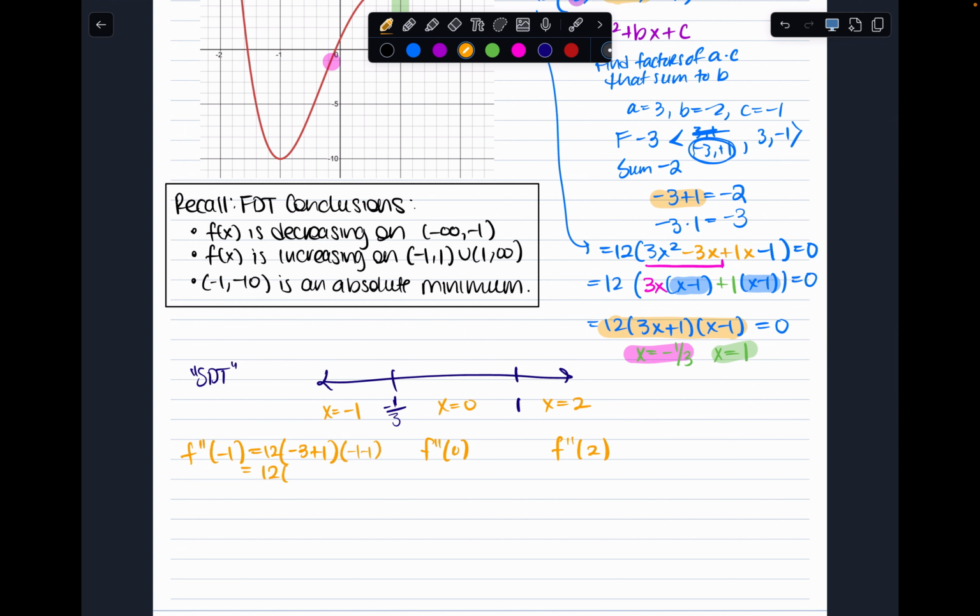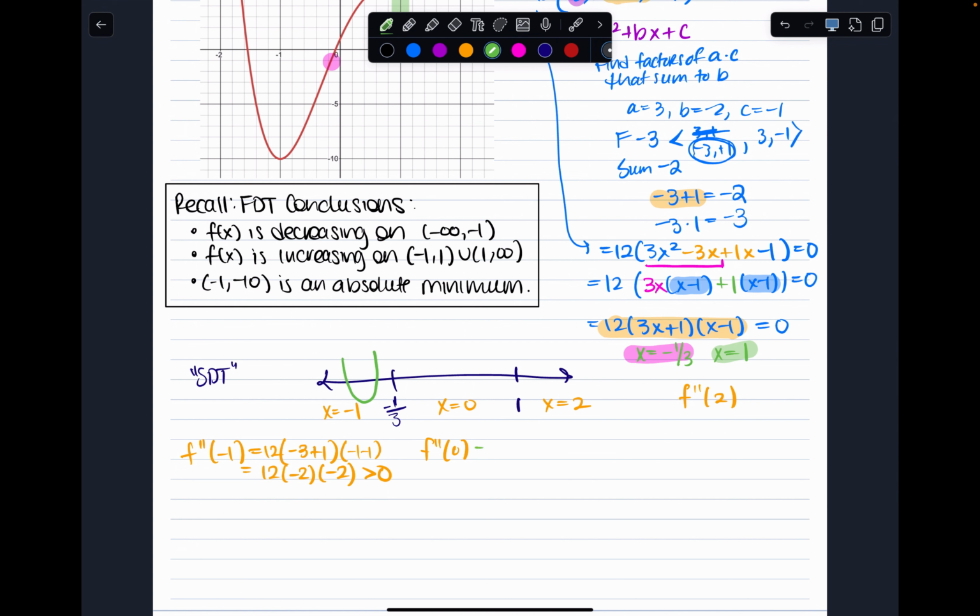So we have 12 times -2 times -2, which is a positive number. So we are concave up here. -2 times -2 is +4 times 12, 48, whatever. I don't need to know the actual value. I just need to know the sign.